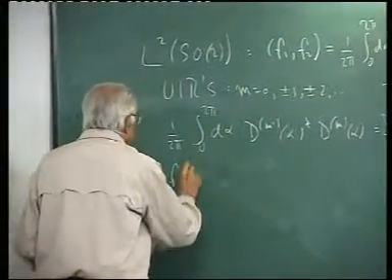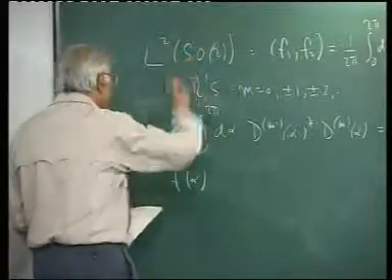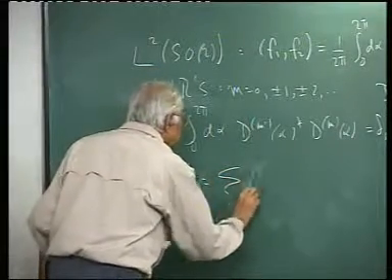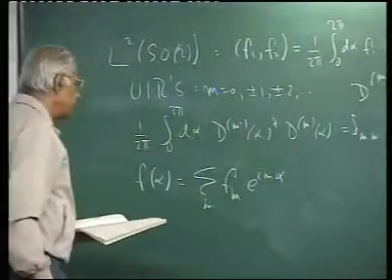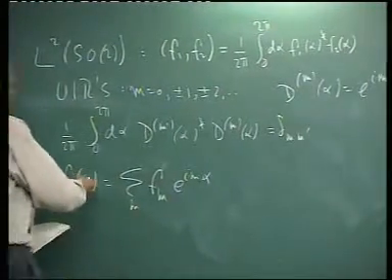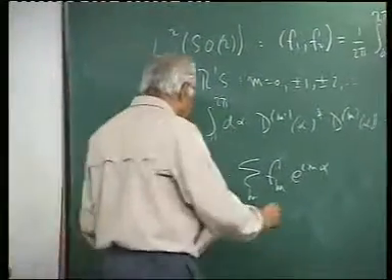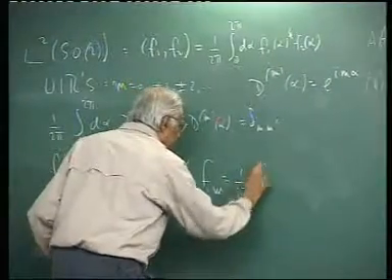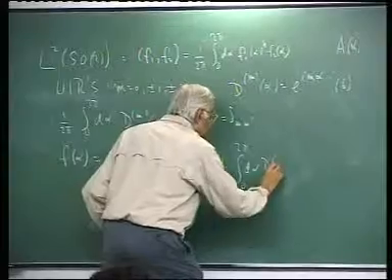And next, if you take a function on the group within this Hilbert space, it has a unique Fourier series expansion, which means it is expanded in terms of all the irreducible unitary representations. And you know the formula for getting the expansion coefficient.